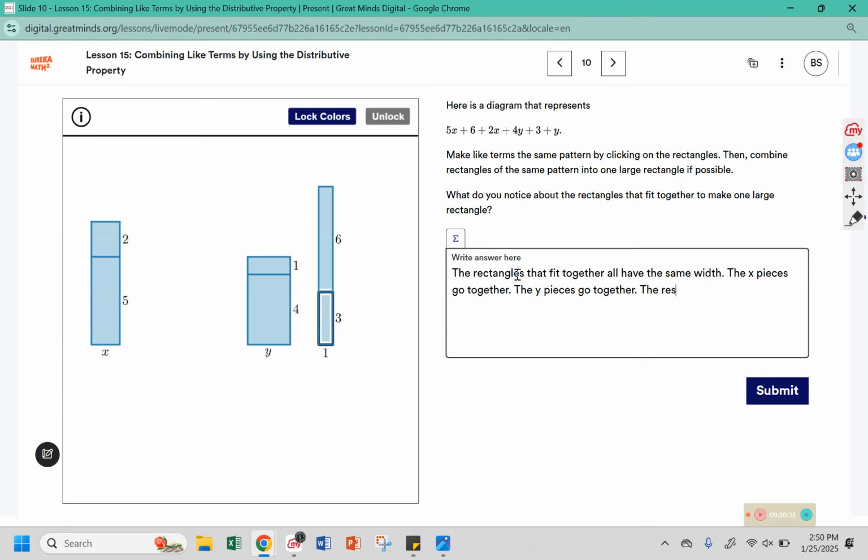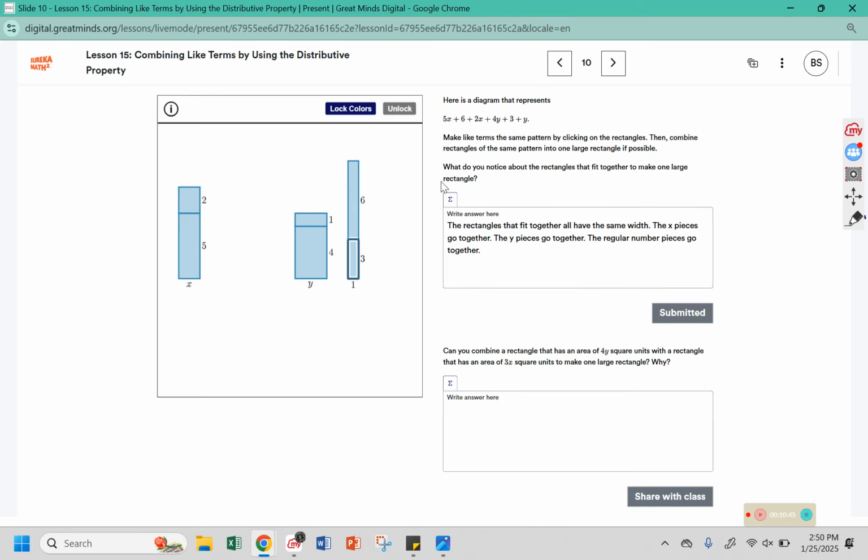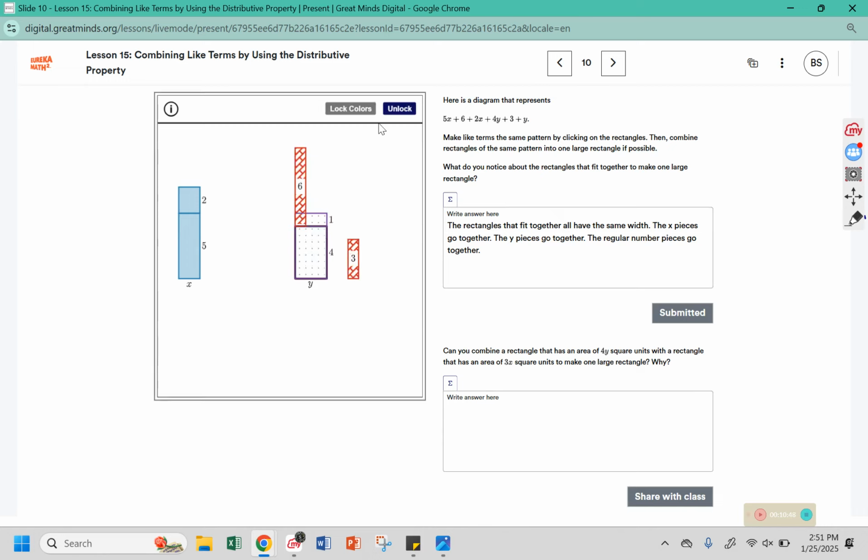And then the regular number pieces go together. If you click on them, you can change the pattern so that they match.